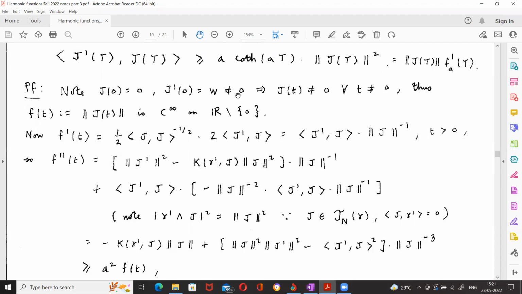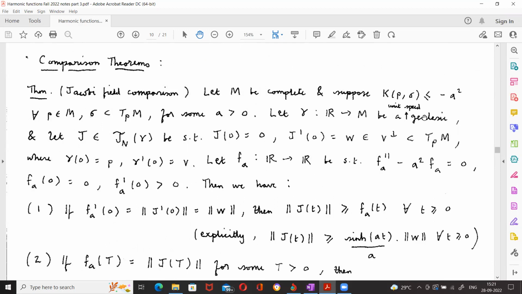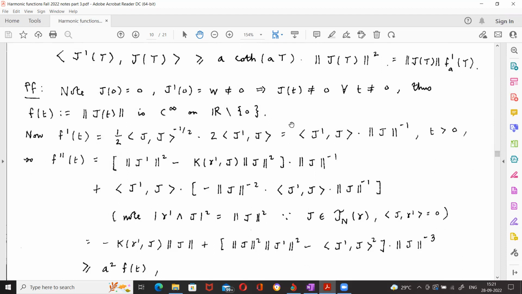Then by what we proved in non-positive curvature, here we're assuming the sectional curvature is negative, J can only vanish once. Therefore, if J0 is 0, then JT is non-zero for all T non-zero.